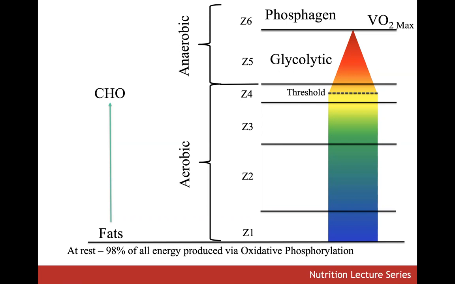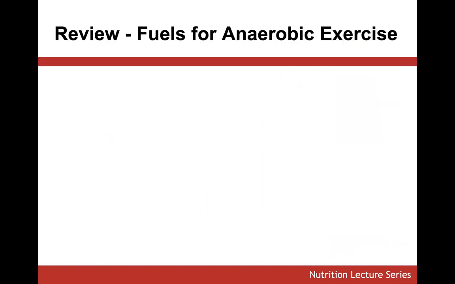So whenever a fuel source is utilized via an anaerobic pathway to create adenosine triphosphate, that fuel source will always be carbohydrates.